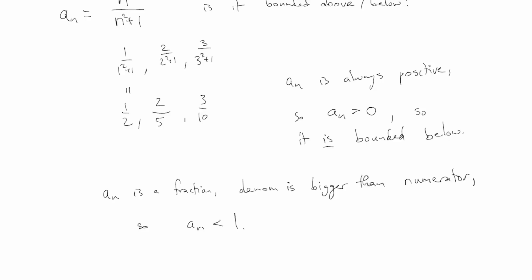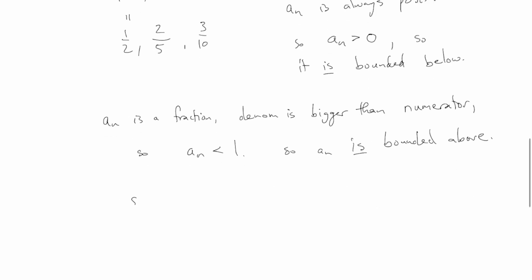So the upper bound for this particular sequence is 1, and the lower bound is 0. All right, so an is bounded above. There you go. So it is bounded below and bounded above. So we can conclude an is bounded. Remember, when I just say bounded, that means both above and below. So an is bounded. Great.